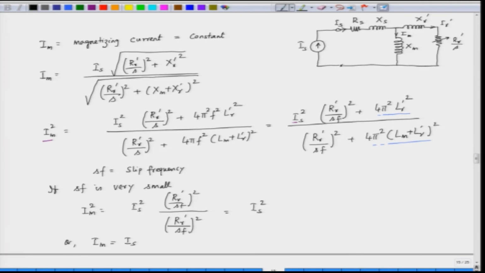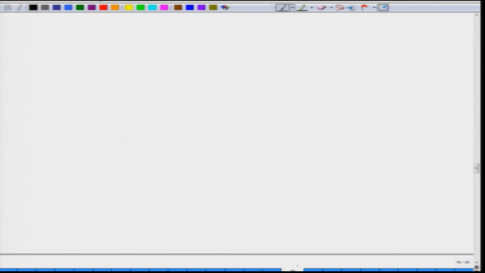So, if Sf is very small, the stator current, the RMS value of the current, is same as the magnetizing current.